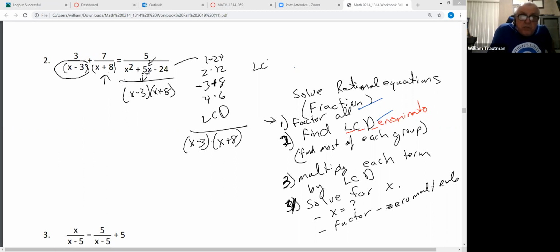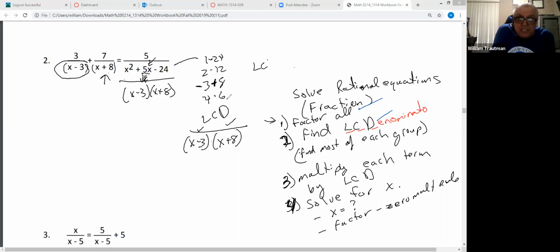This one has x minus 3 and x plus 8, but we already wrote them down, so you don't have to write them down again. Finding the LCD is finding each parentheses, and if it has a power, you find the most of that power. So this is our LCD.